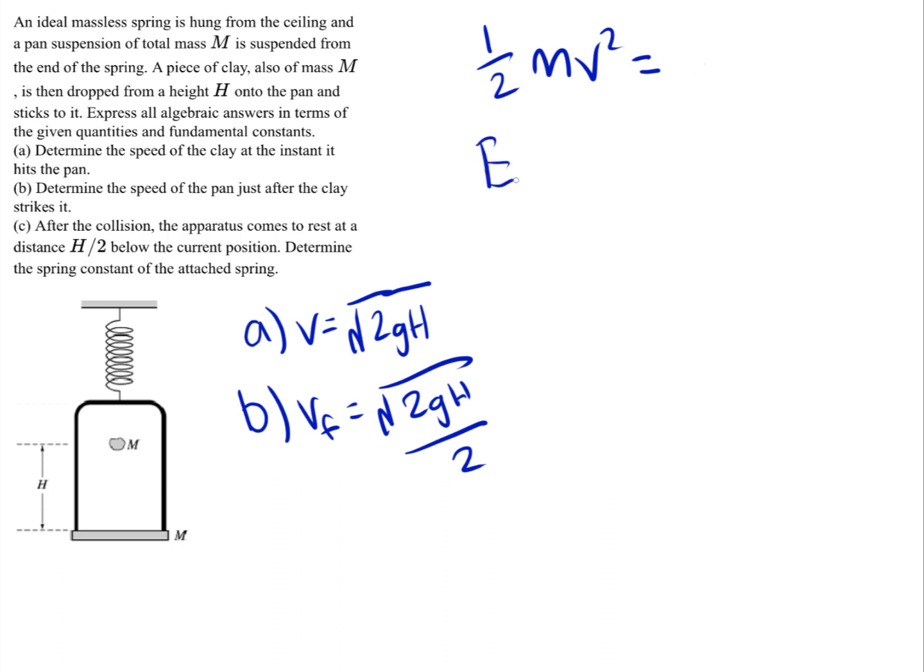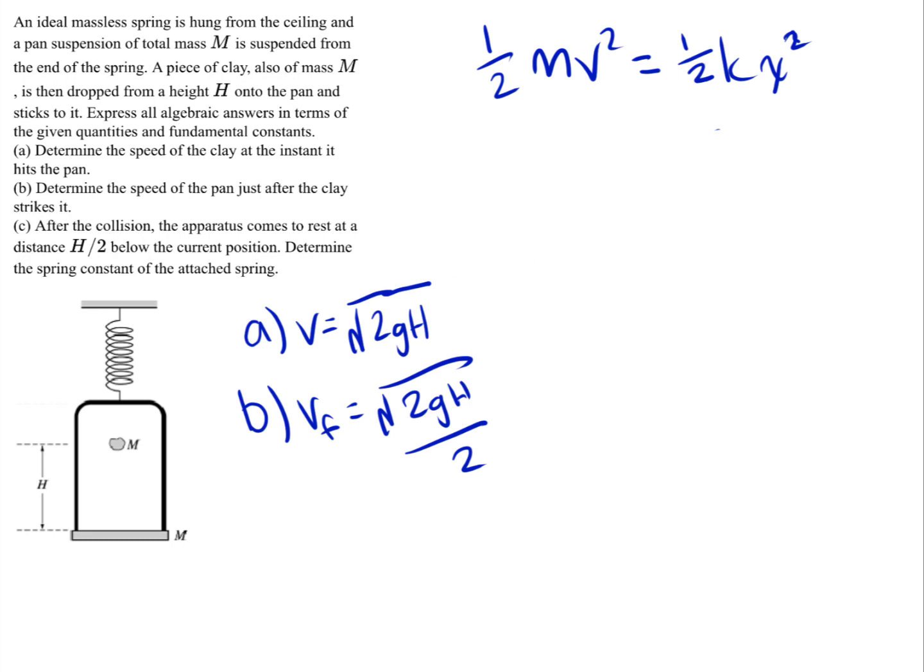The energy of a spring is given by 1/2 times k, the spring constant, times x squared, where x is the displacement of the spring, which in this case is how much the spring stretches. So the kinetic energy can be changed into the potential energy due to the stretched spring.